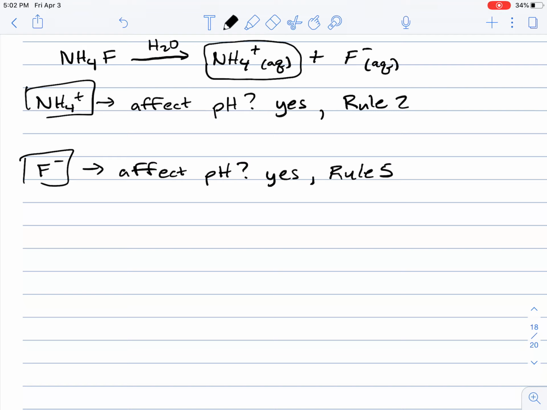Now, this is a scenario that we actually have not come across, where both of our questions were answered by a yes and another yes. And so if you have both ions affecting the pH of the solution, then automatically you have to check out rule number 6. Okay.